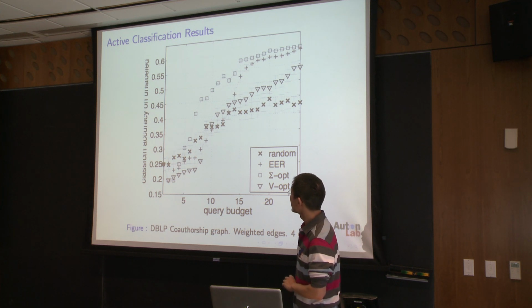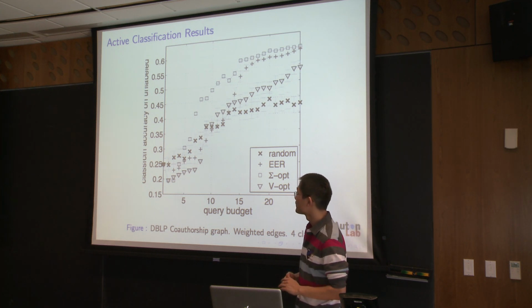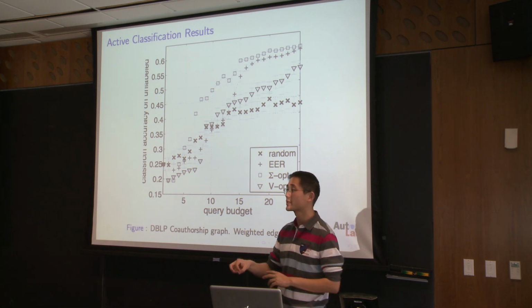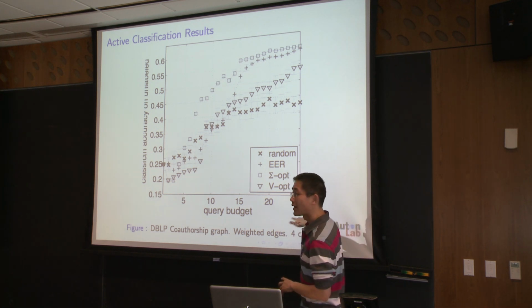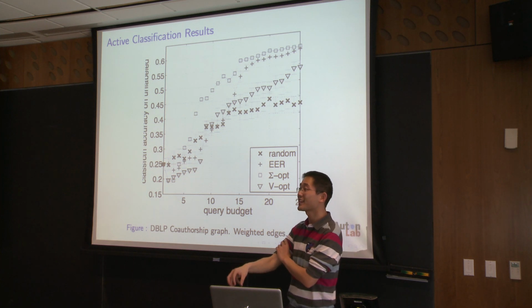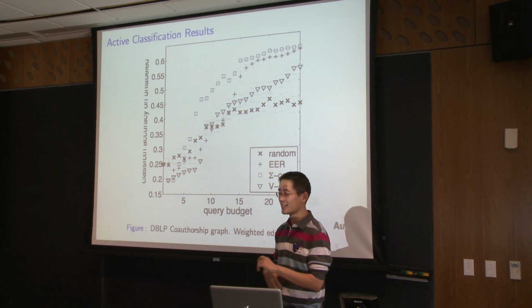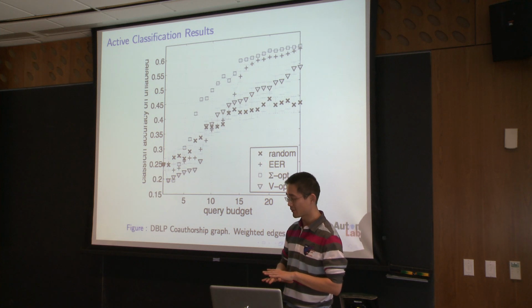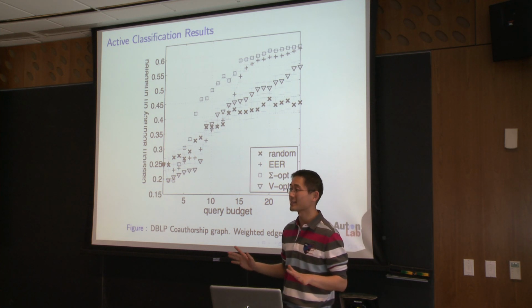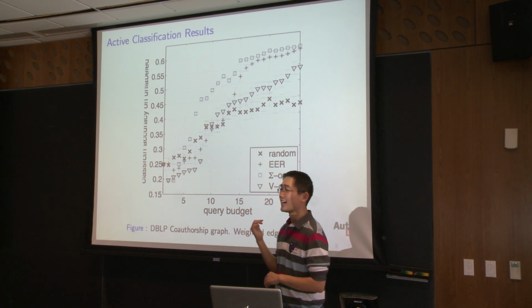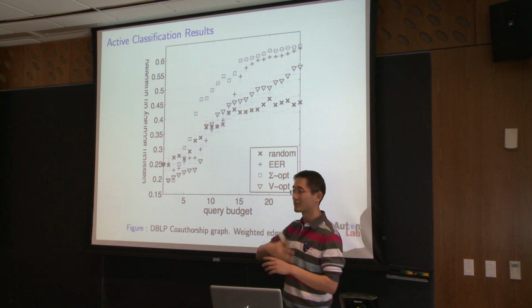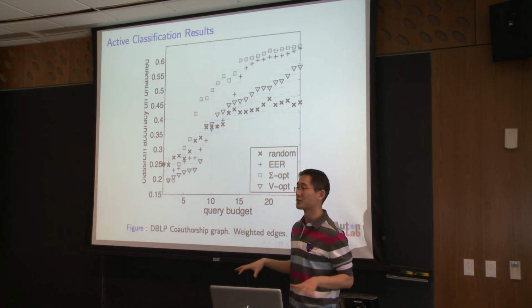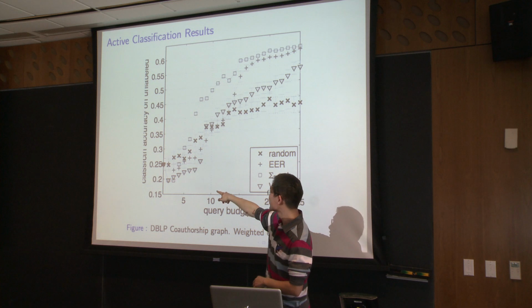Well, in the very beginning, it basically wants to pick a node with high degree. And in this particular graph, the node with high degree really is just one person who does database at UIUC. And this professor cooperates with a lot of different people in different fields, so I get a pretty bad start.